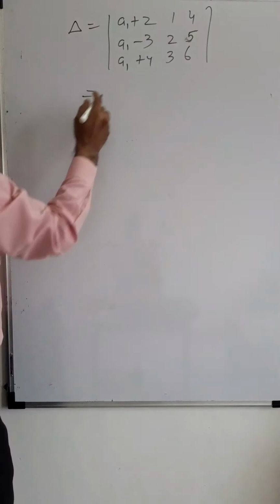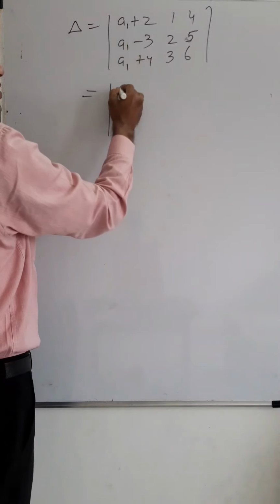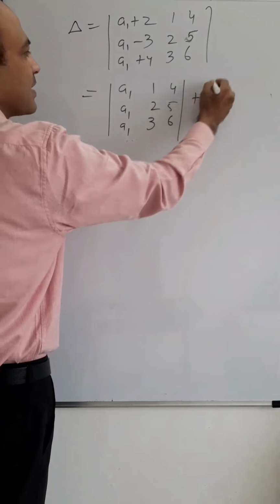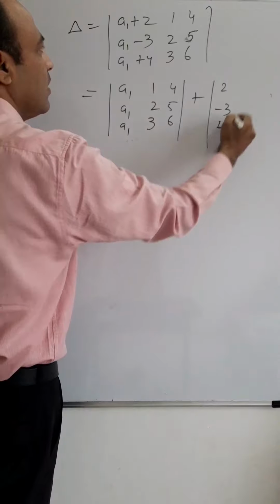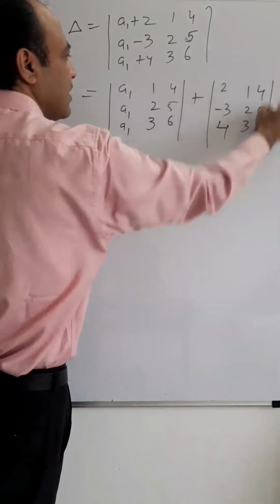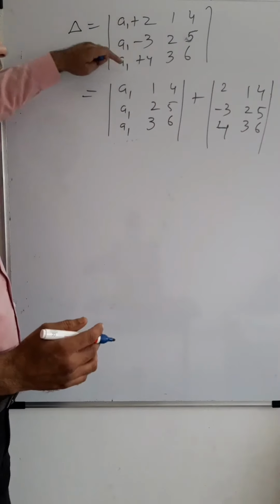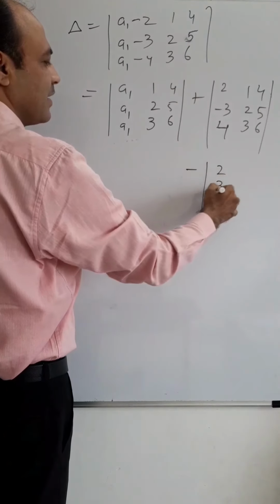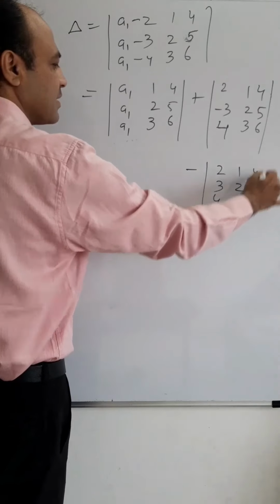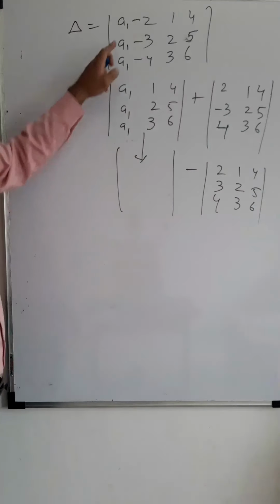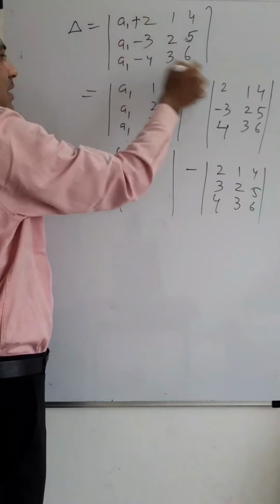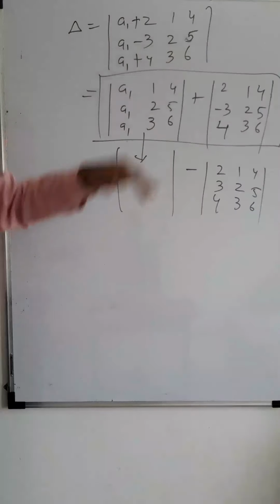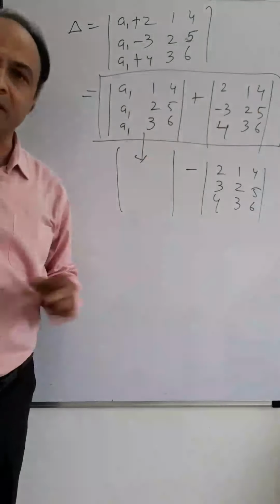So I can split the determinant into two determinants. How? a1 a1 a1, 1 2 3 4 5 6, plus 2 minus 3 4, 1 2 3 4 5 6. This way we can split the determinant. If all three were minus, you could take minus outside and make all of them plus. But here I had plus, minus and plus, so this way we can split the determinant. One determinant can split into two determinants.